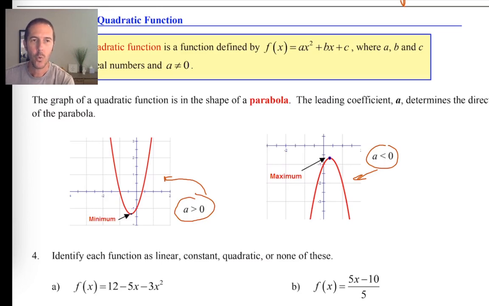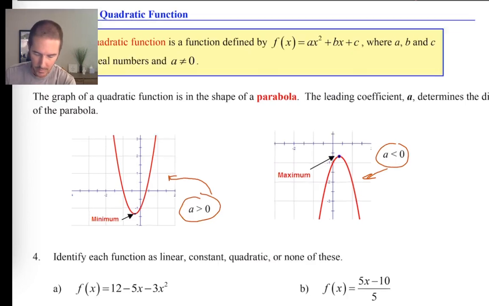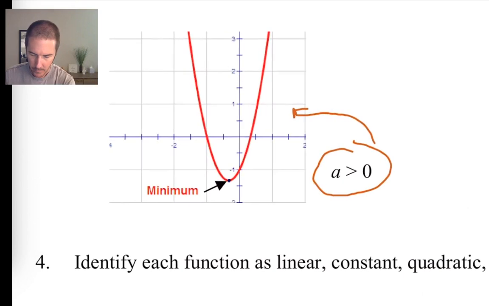If you were asked for the minimum, given this parabola, what is the minimum? I would tell you to answer with the y value of that point, which looks like it's approximately -1.3.